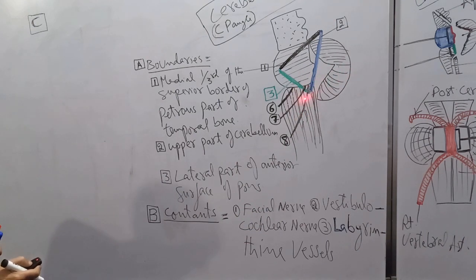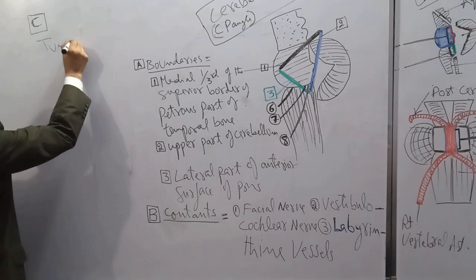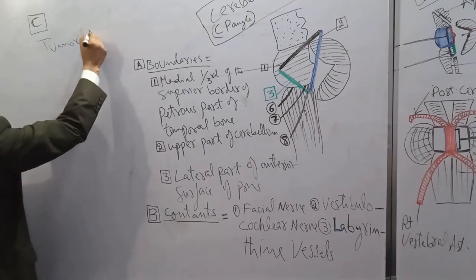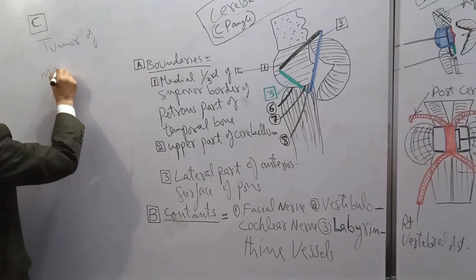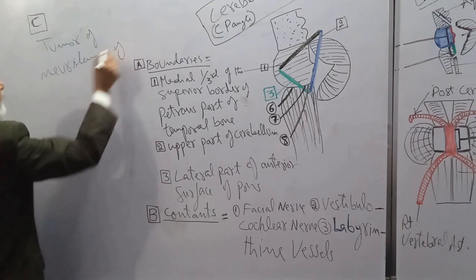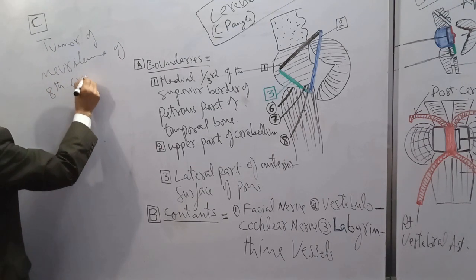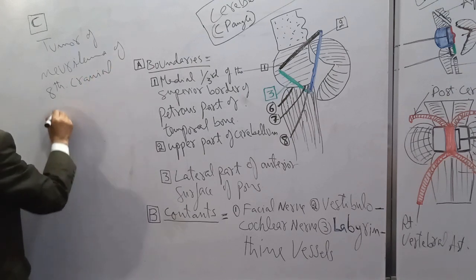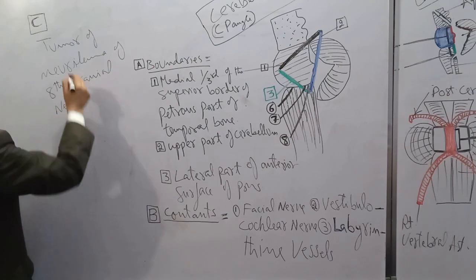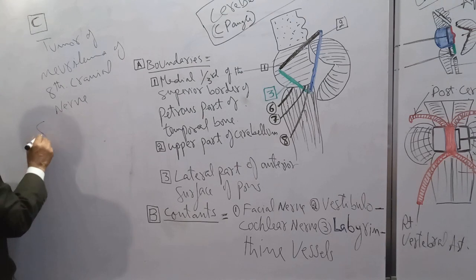Now, whenever there is tumor of the neurilemma of the vestibulocochlear nerve, I mean to say 8th cranial nerve, this tumor of the neurilemma of the vestibulocochlear nerve is known as schwannoma.